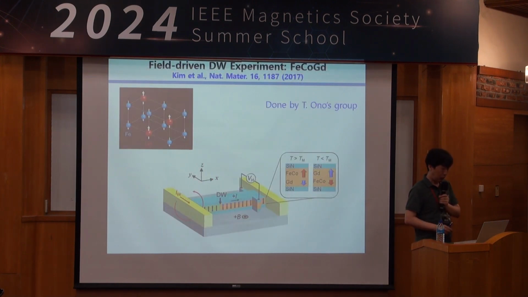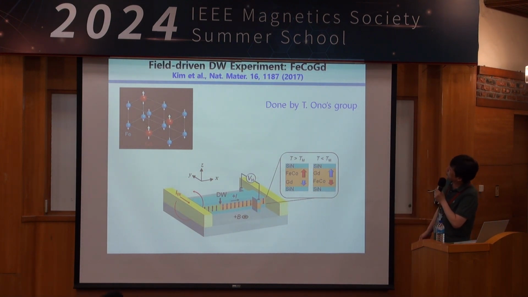Okay, so the experiment has been done by Taro Ono's group at Kyoto University. They used iron cobalt gadolinium, and they fabricated this kind of sample. They first applied a uniform magnetic field to saturate it in one direction, and then they applied current here, and because of the Oersted field, it creates the domain wall.